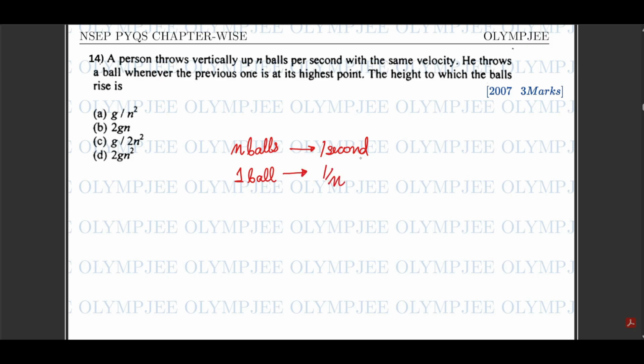And after 1 by n seconds, he will throw the second ball. And it is also mentioned that he throws a ball whenever the previous one is at its highest point. So 1 by n seconds will also be the time for one ball to reach the highest point.